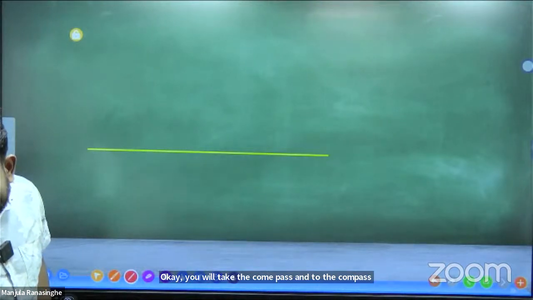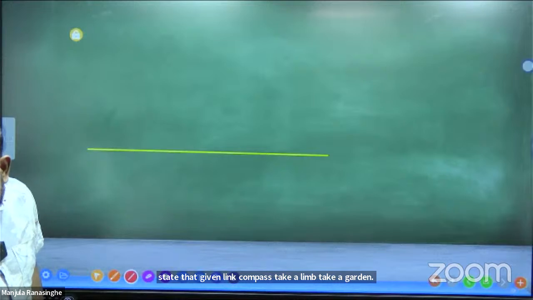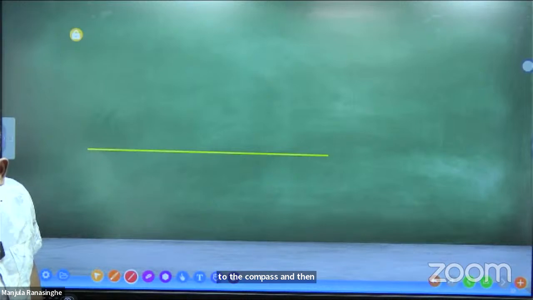Take the length with the compass. So what is the length given?